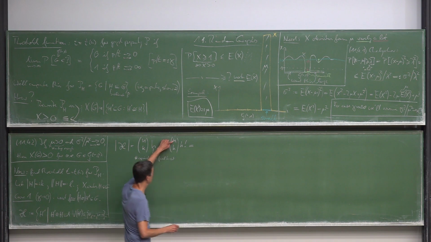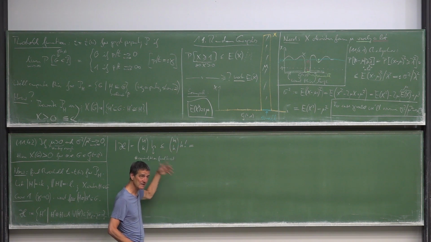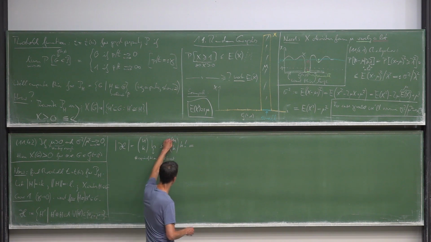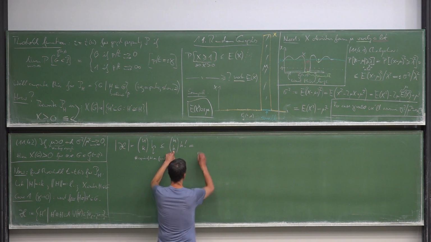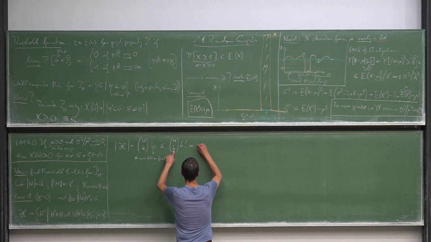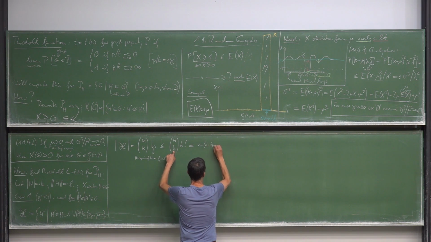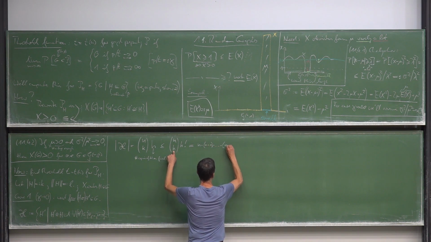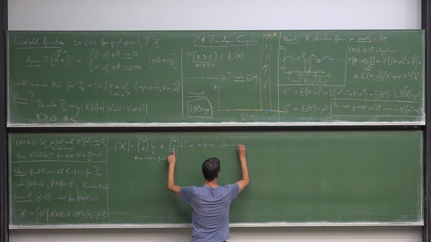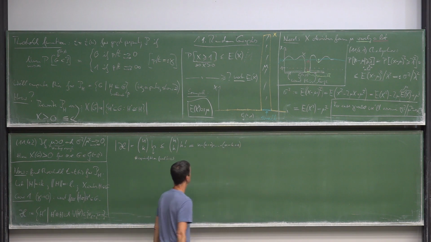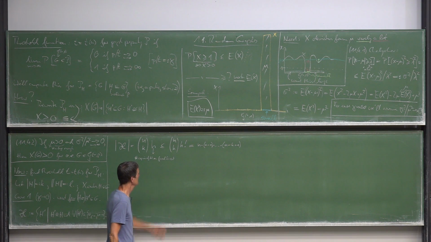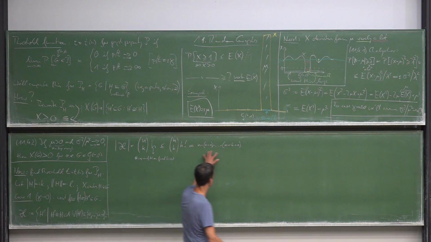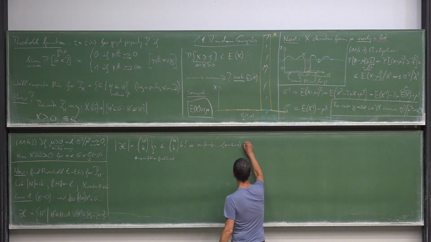So this is n factorial divided by k factorial, which cancels this, times n minus k factorial. So that's n factorial over n minus k factorial. So that's n times n minus 1 times and so on, all the way down to n minus k plus 1. Right, so this is k factors left, which are all at most n.